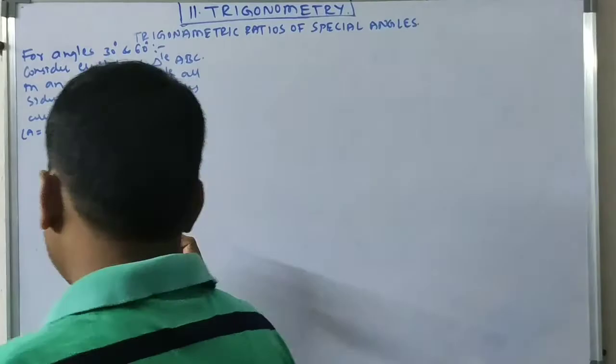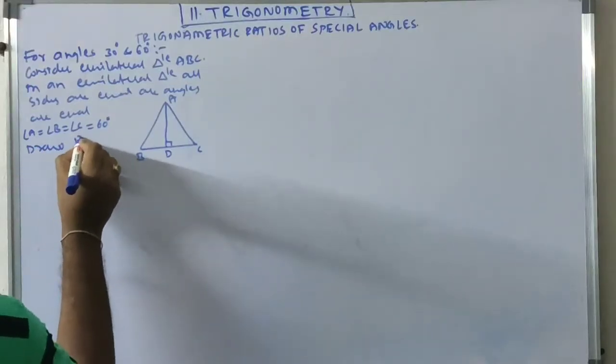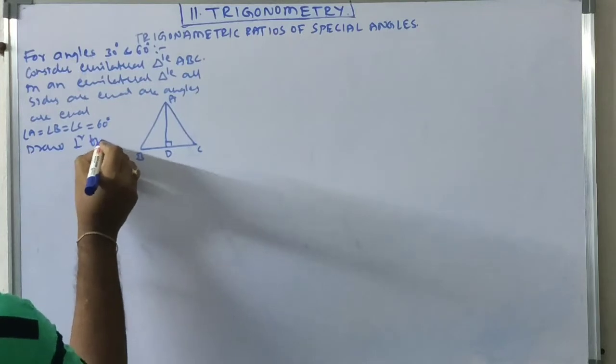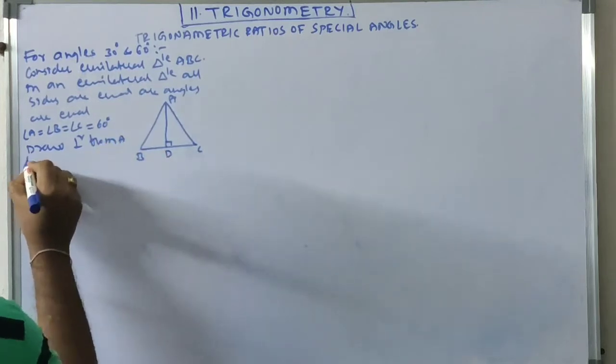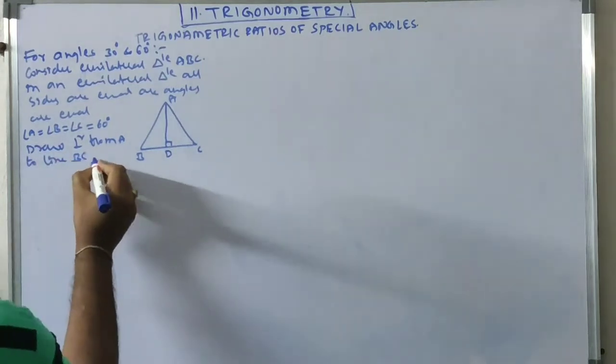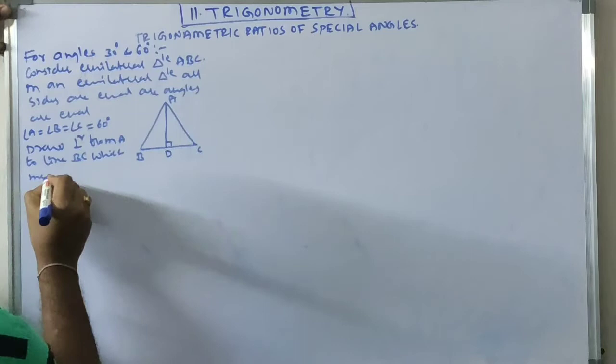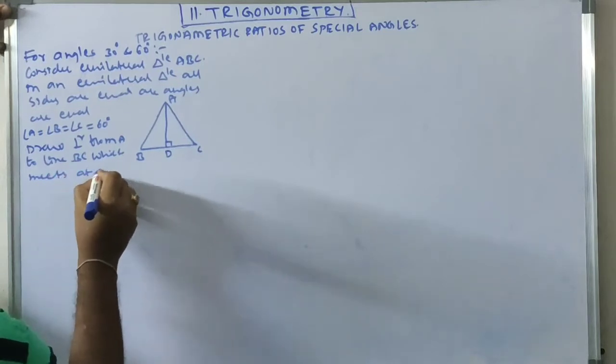So drawing a perpendicular from A to line BC, which meets BC at point D.